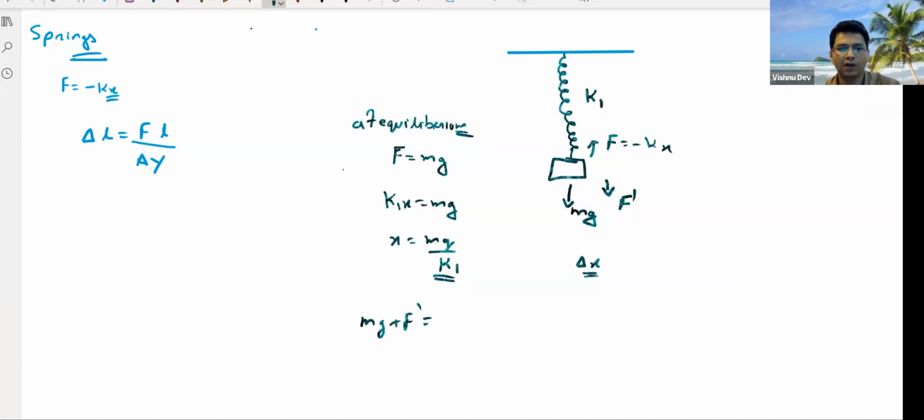That should be equal to what? K1 into the new x, which is x2, yes or no? This is x1, yes or no? So x2 will be mg plus f dash by k1, yes or no? Simple, right?